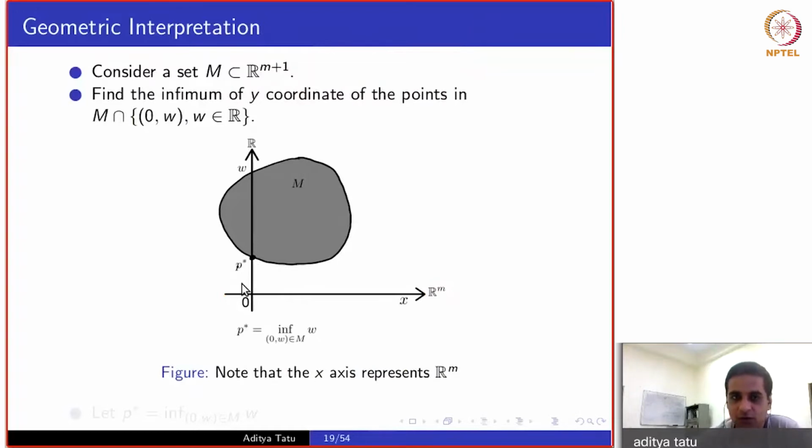So you can see here M intersection the y axis, and I want to find the infimum of the y coordinate. What is that going to be? It's shown in this picture. It's P star, this number.